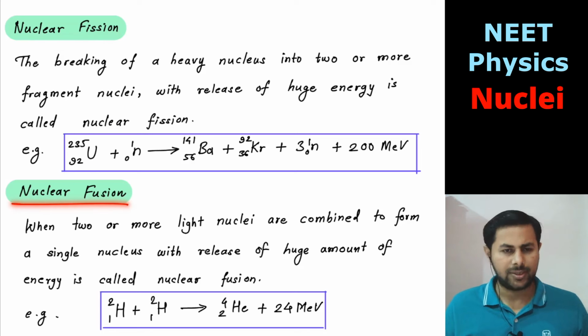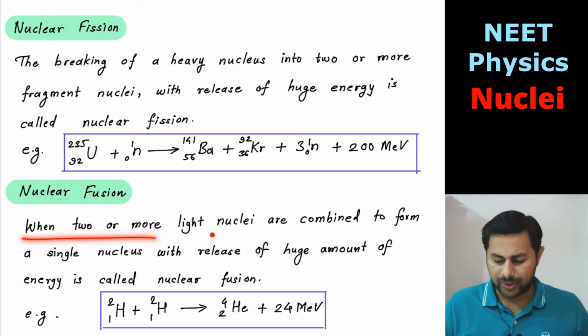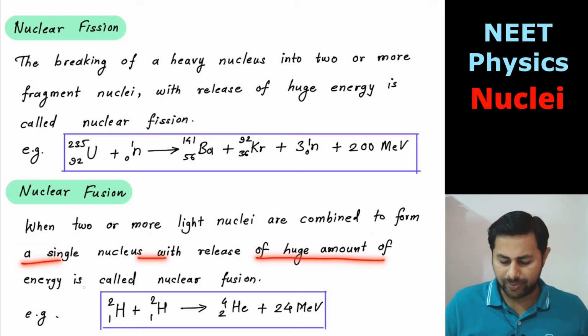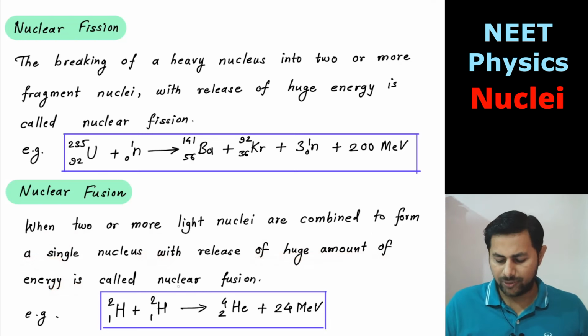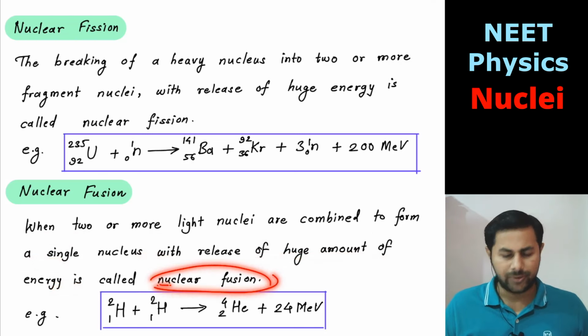And then there is another reaction called nuclear fusion. When two or more light nuclei are combined to form a single nucleus with release of a huge amount of energy, it is known as nuclear fusion.